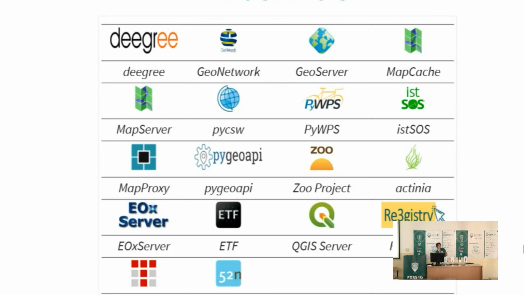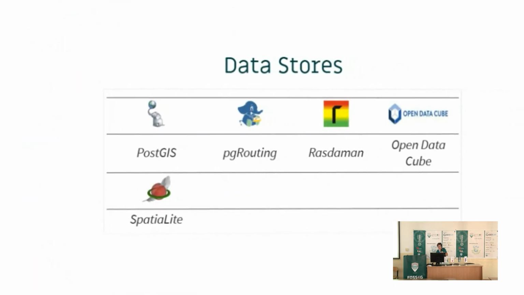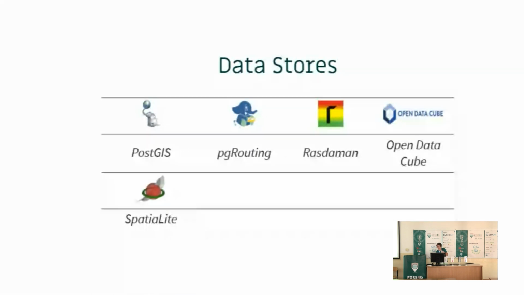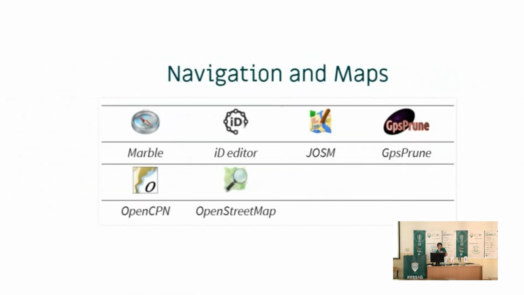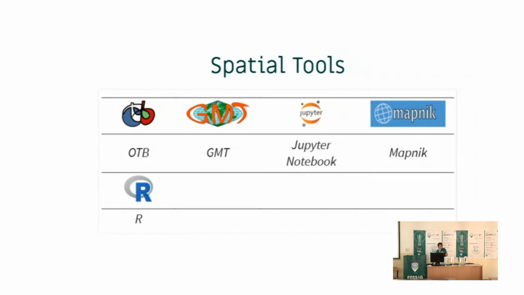We have a lot of web services that are listed here, and very powerful and mature projects that are around for many years. We have data stores. We have navigation and maps. We have OpenStreetMap and OpenStreetMap tools integrated, like JOSM or iD editor. We have Marble that can help you to create a globe. And we have spatial tools.